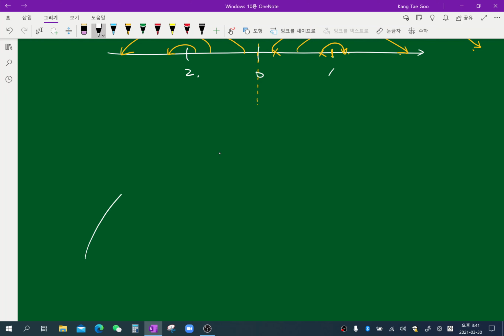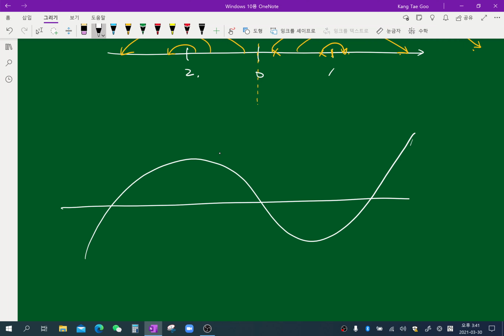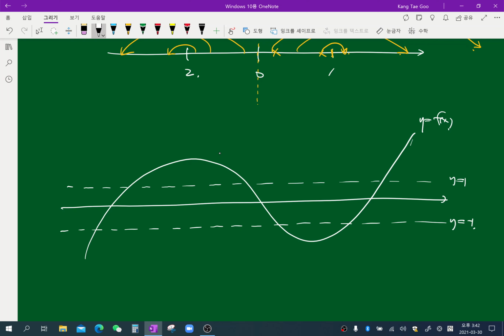And again, let's draw the same original function. And then we have y equals 1 here. We have y equals negative 1 here as well. First, once the original function is 0, then there is a vertical asymptote here, and then again a vertical asymptote there, and one more vertical asymptote here.